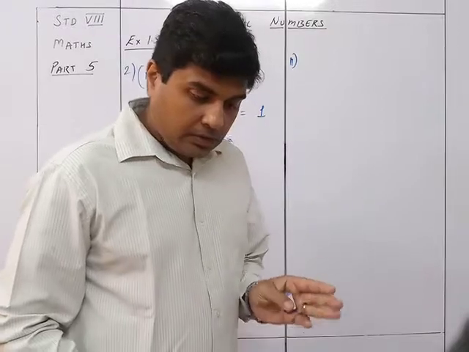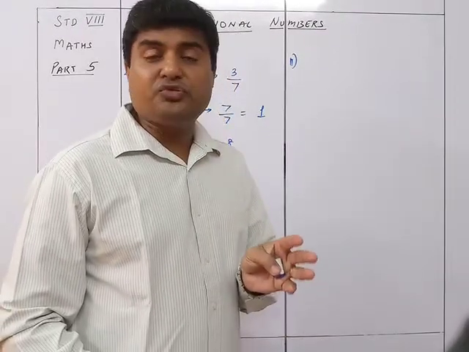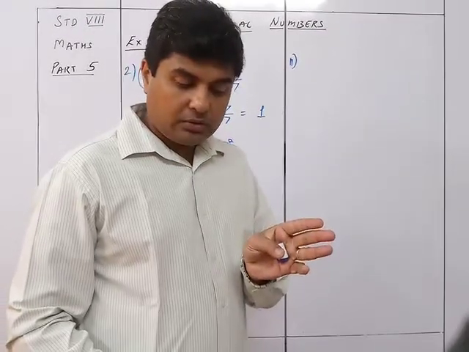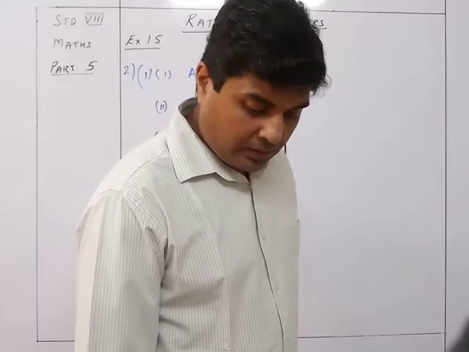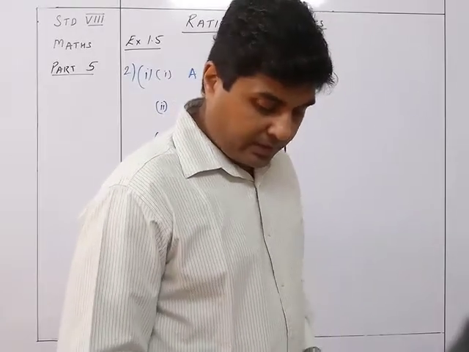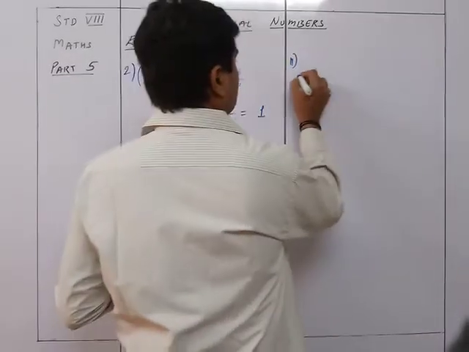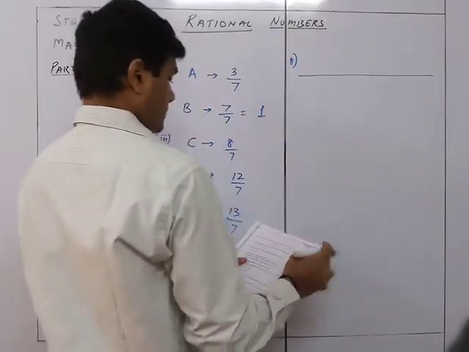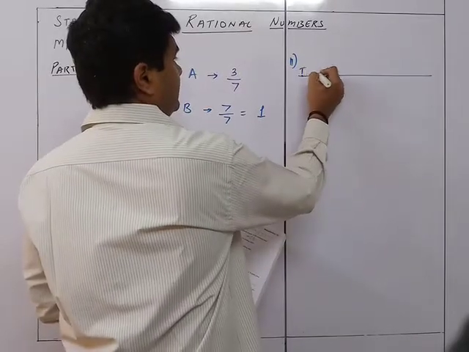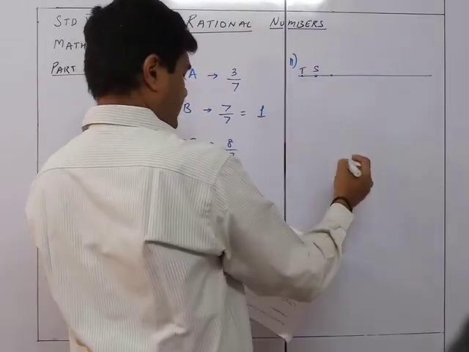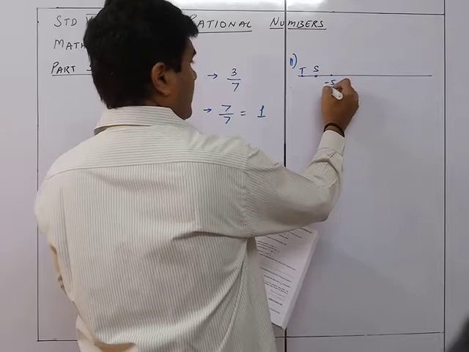Now, they have given the point over here as -5 upon 4. The next one is -9 upon 8. Okay, I think I'll need to draw this and show. So this is T, this is S. Over here is -5 upon 4.